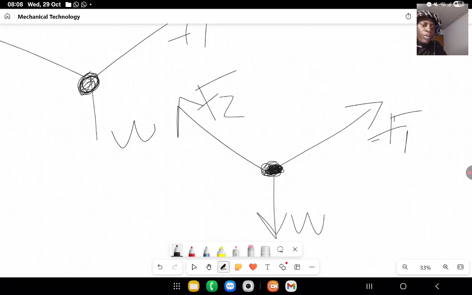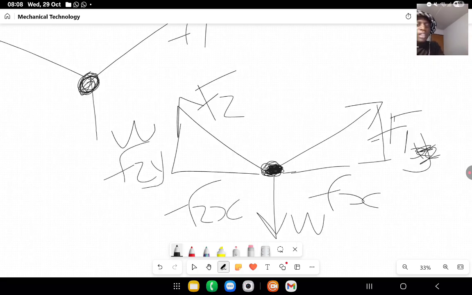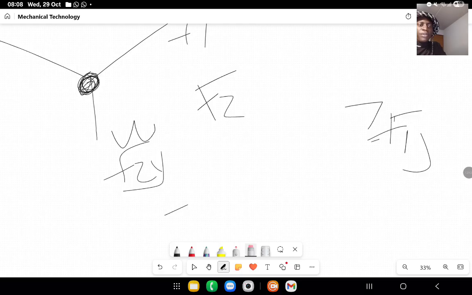Then you use the components: here is F1x, here is F2x, here is F2y. Now if you know these, all sums will be easy for us.